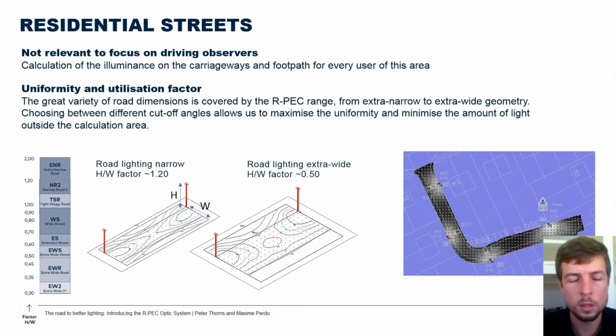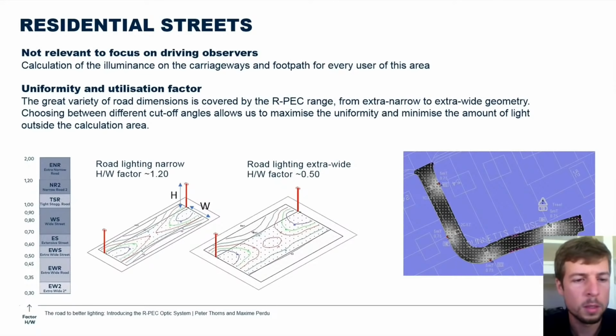To have a good utilization factor, it's important to have different cutoff angles of our optics to always correspond to the dimensions of the streets. And of course, there is a great variety of road dimensions, so that's why we have a lot of optics in our range that can comply with different geometrical lighting calculations.